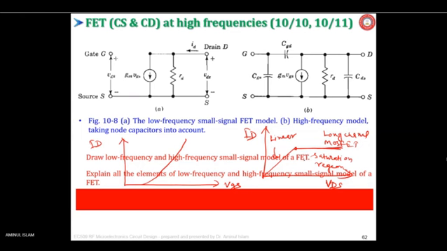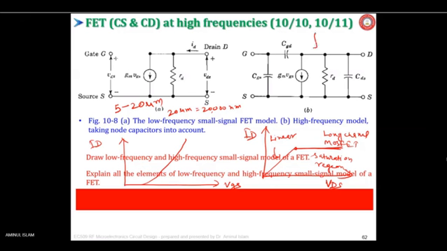But channel length has been reduced a lot. Earlier the channel length was 5 to 20 micrometer. 20 micrometer is 20,000 nanometer. Channel length is what?